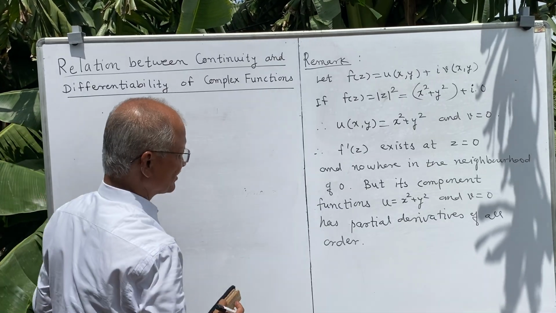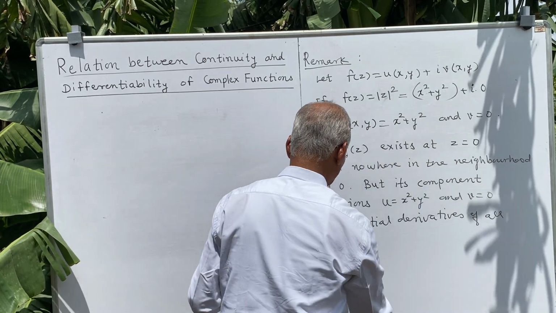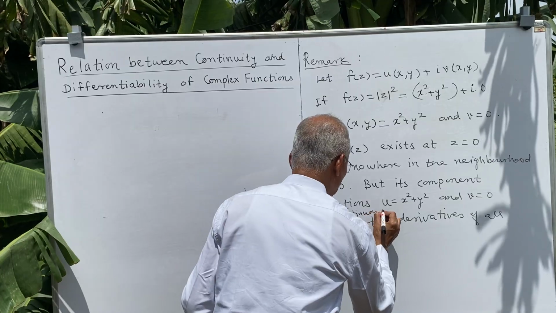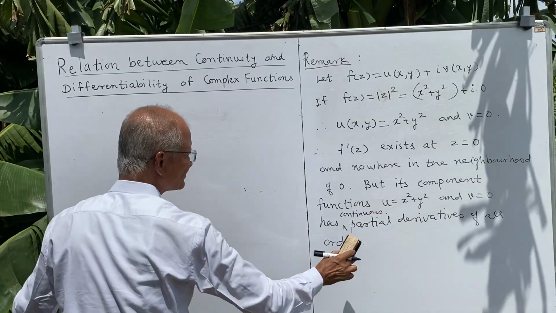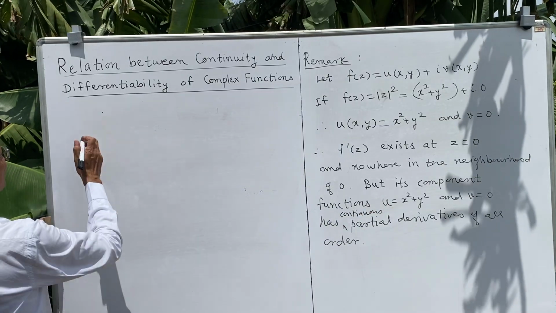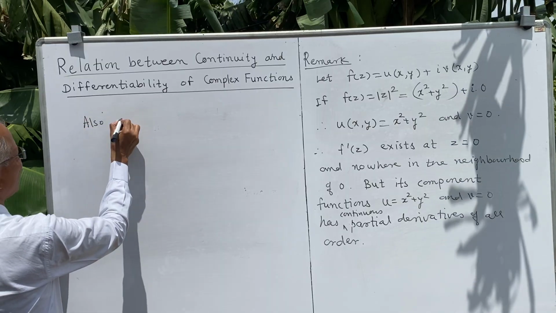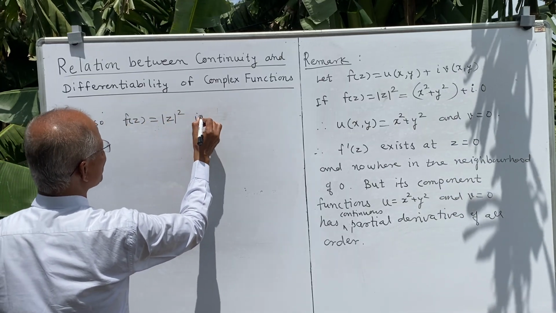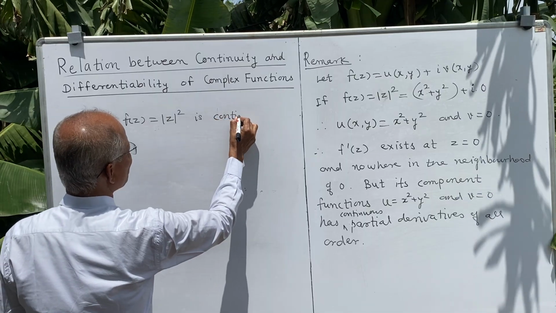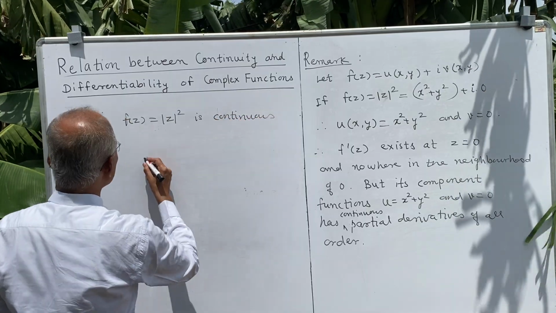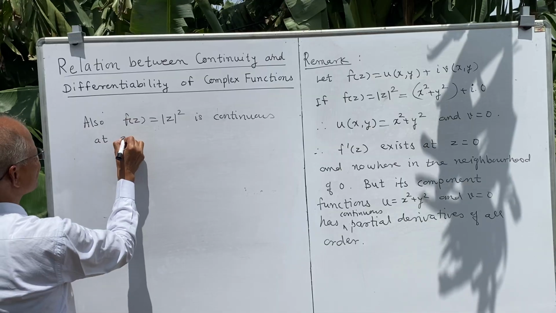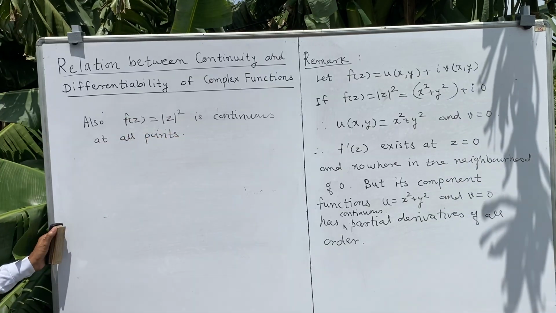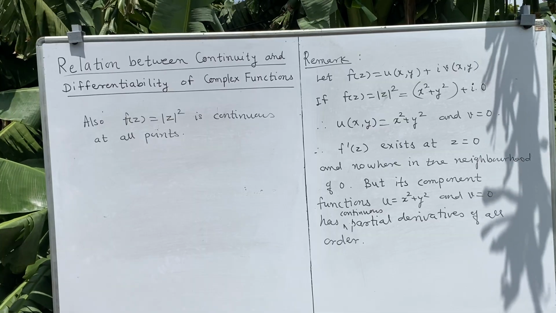Since these partial derivatives are continuous, also f of z equal to mod z square is continuous at all points, but it is not differentiable at all points.